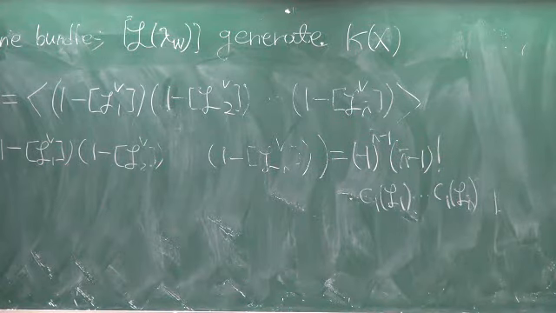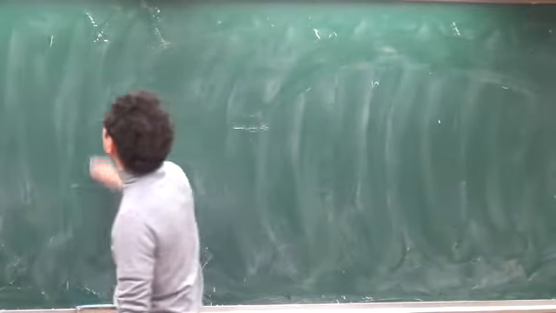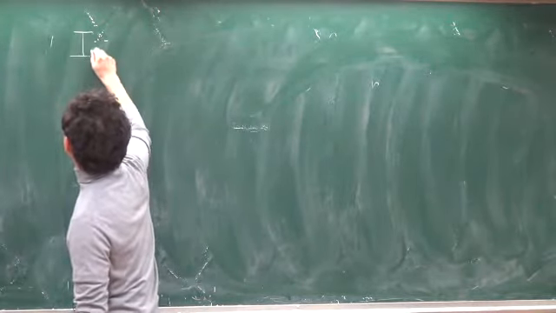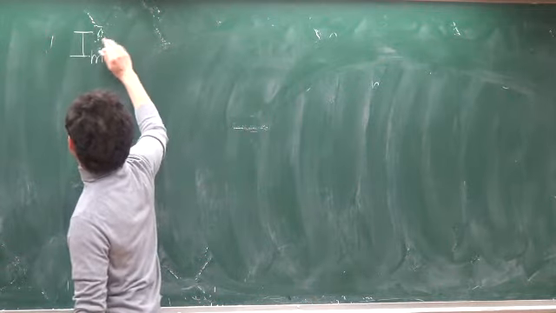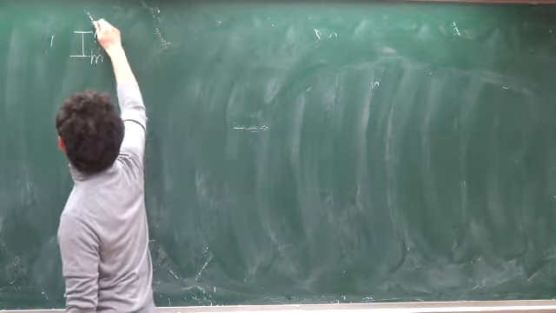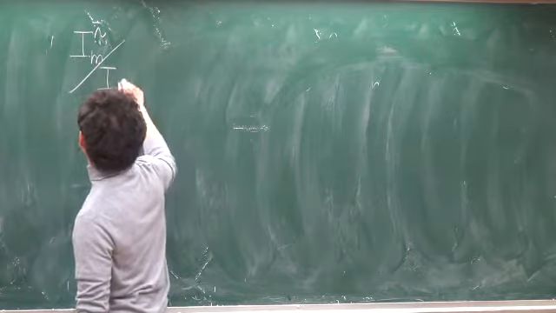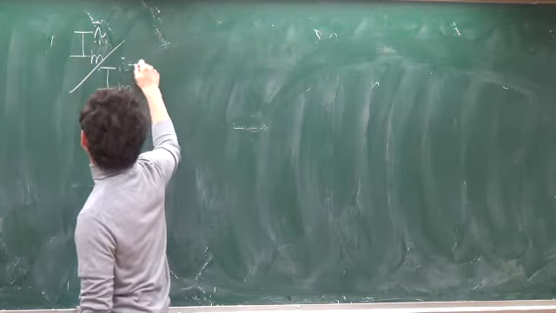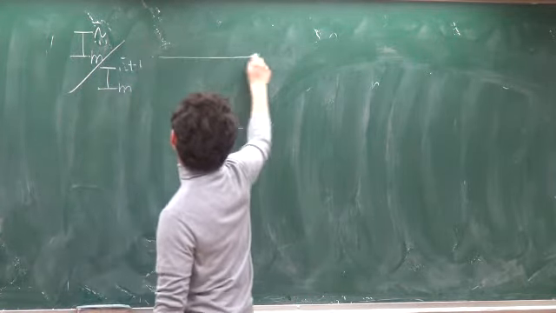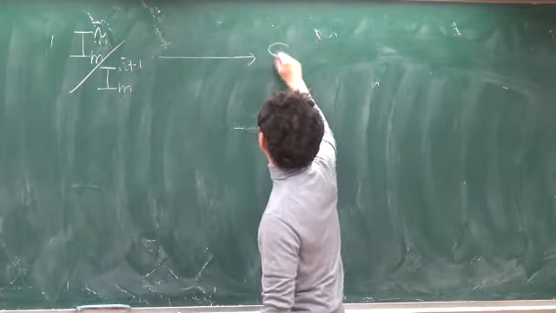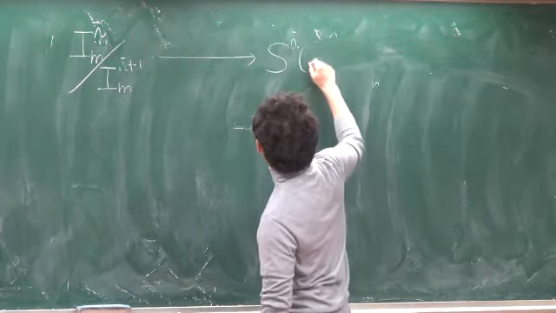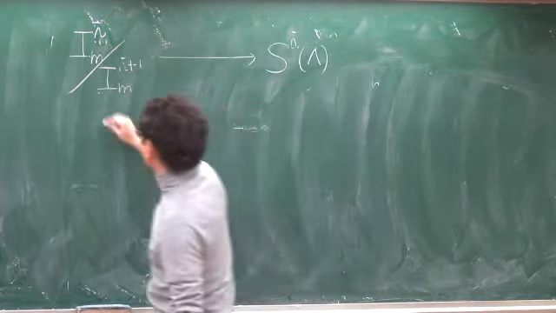Then using these facts, one has the following commutative diagram. Degree i, symmetric algebra, and we have a gamma filtration.